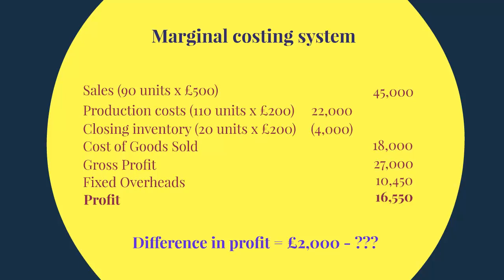So we have less fixed overheads, in a sense, being applied under this marginal system because the fixed costs of those 20 closing units have not been accounted for. And therefore, we calculate for all overheads incurred during this particular period, and that is where the £2,000 difference in profit comes in.